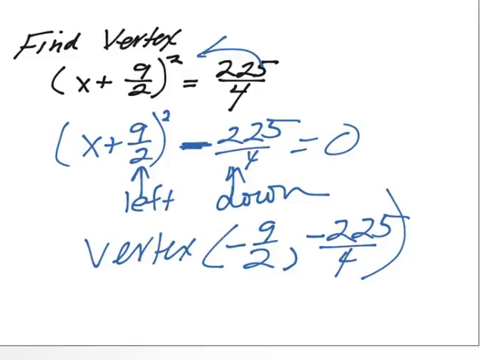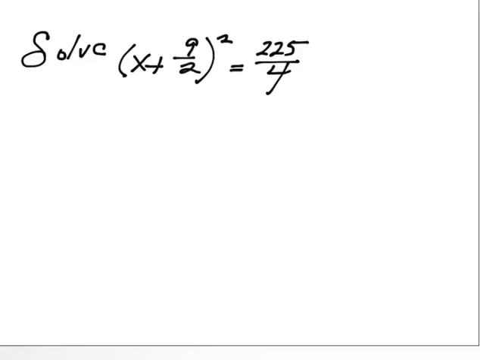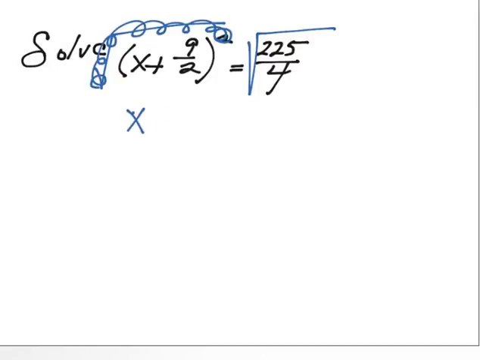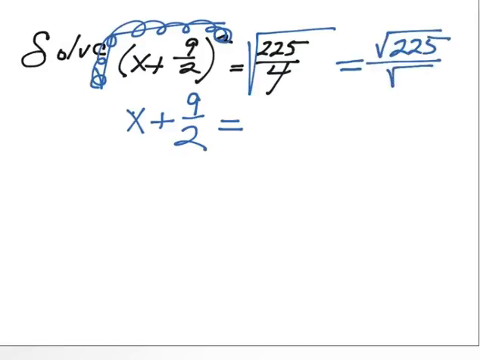What happens if we want to solve it? Well, our first step is to take the square root of both sides. What is the square root of a square? It gets rid of everything. So I have x plus 9 over 2. Now this is kind of interesting. You haven't learned much about it yet, but you can do this: square root of 225 over the square root of 4.